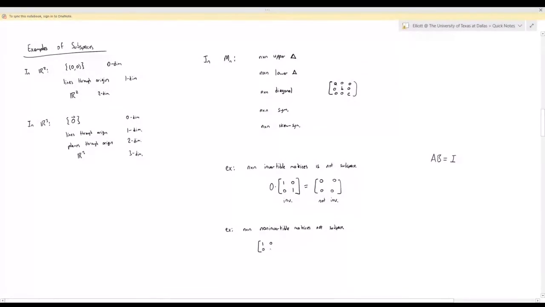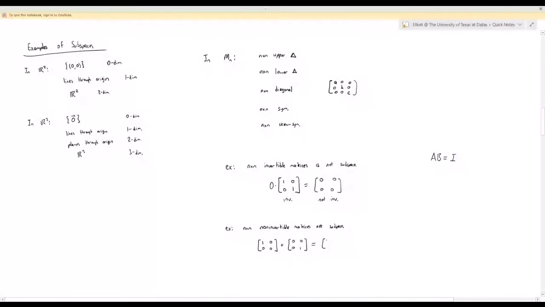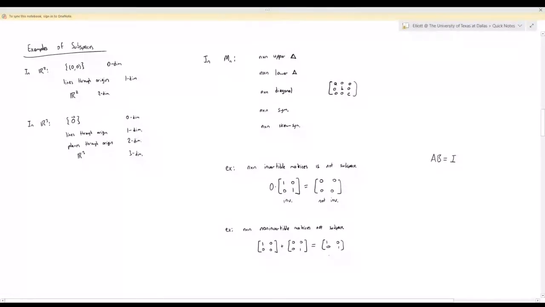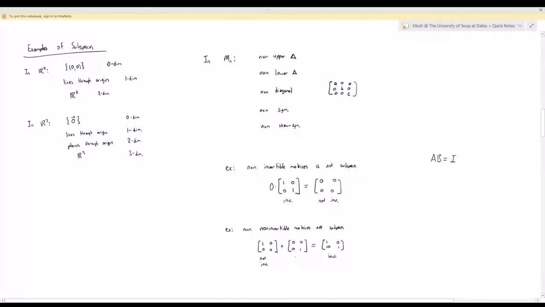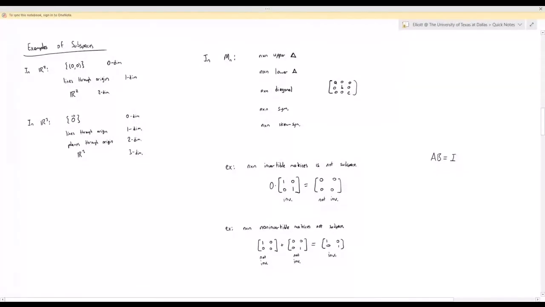You can take two matrices which are not invertible, but will add to produce an invertible matrix. These two matrices are not invertible because they have a row or a column of zeros. But their sum is the identity matrix, which is invertible. So it's not closed under addition, and that's why it's not a subspace.